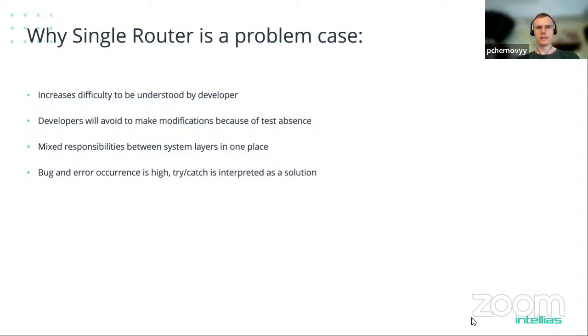Another thing is that bug and error occurrence is high. Try catch is interpreted as a solution. Bug occurrence is high because we didn't put try catch at the top to cover the entire flow.